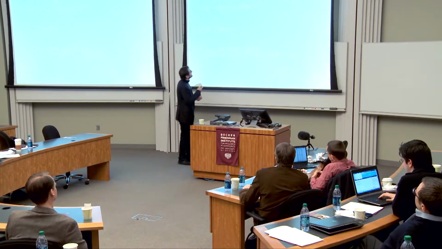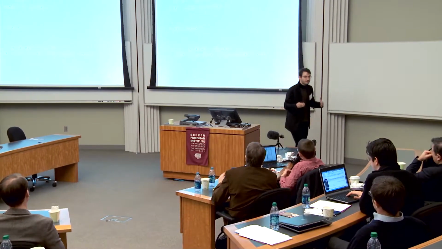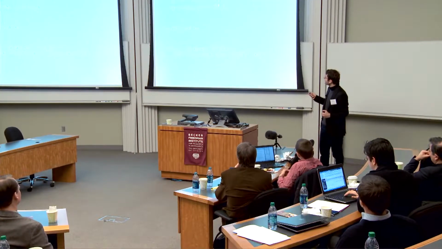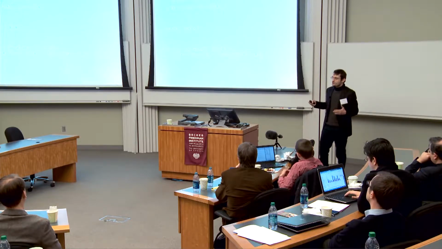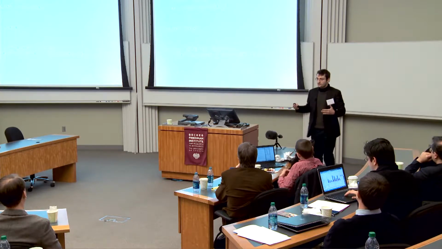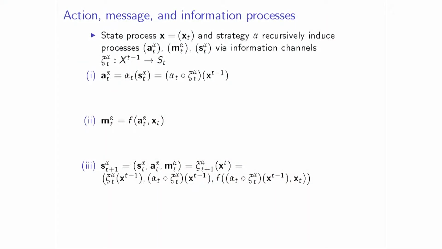The sequence of information channels allows us to define these processes in terms of the state process. How are these information channels defined? They are defined recursively. The first one, our initial condition, would be the first channel, Xi alpha 1. So Xi alpha 1 will map from X0, so no history, empty sequence, to S1.